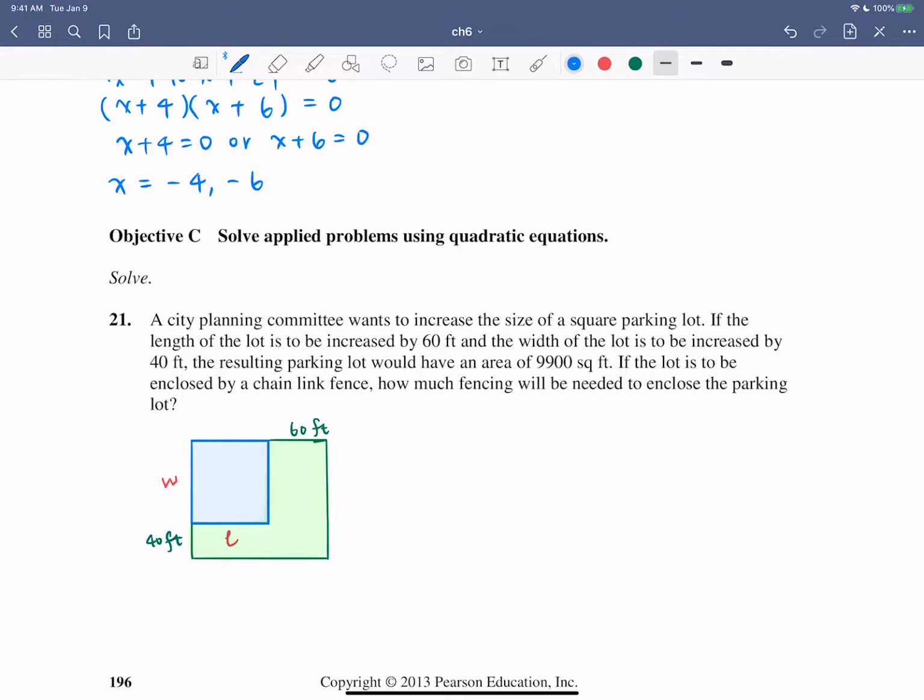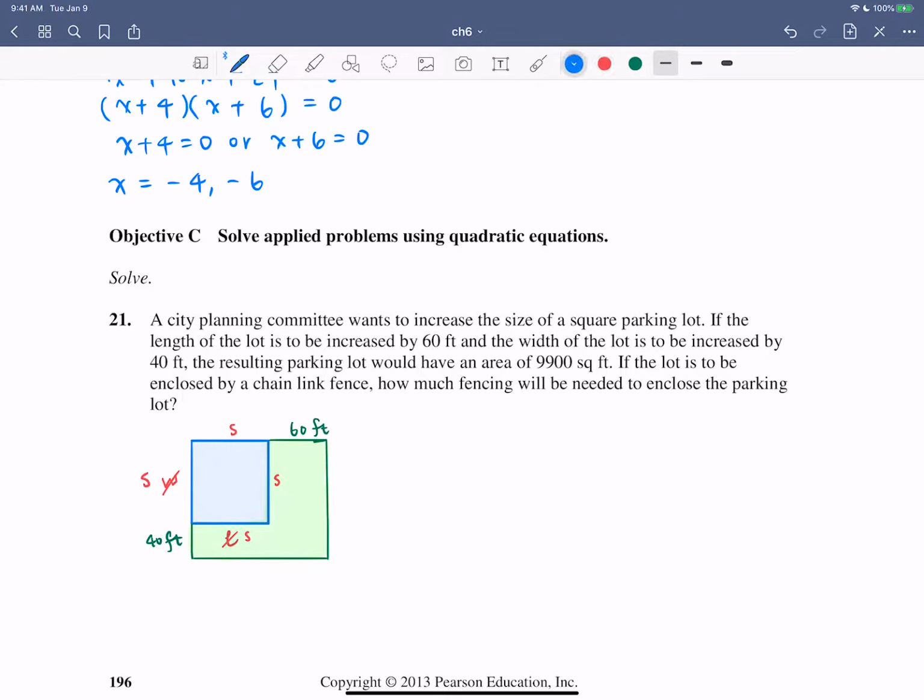So what I can do is instead of using L and W, I could just use one variable to represent the parking lot's original dimension. Let's make it S. This one is also S, this is also S, this is also S. And then we are going to create an equation. The equation has something to do with the 9900 square feet, which is the total area of this new rectangle that I created.